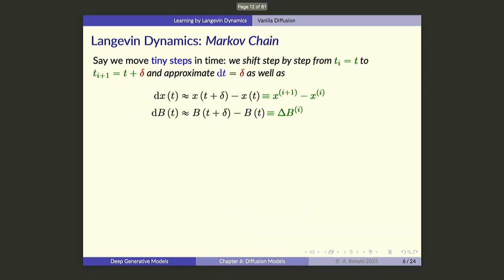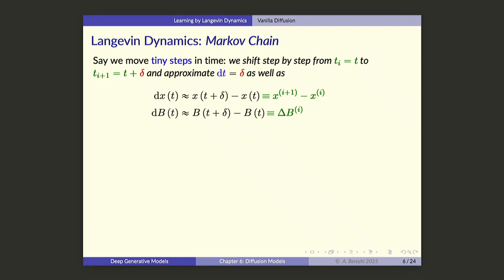Let's say that I can approximate dx, the difference of the location, to be the location at time ti plus 1, which is essentially t plus delta, minus the location at time ti, which is t, right? So I look at this time, I see where the location is and where the location is here, and then compute the difference, right? I'm approximating.